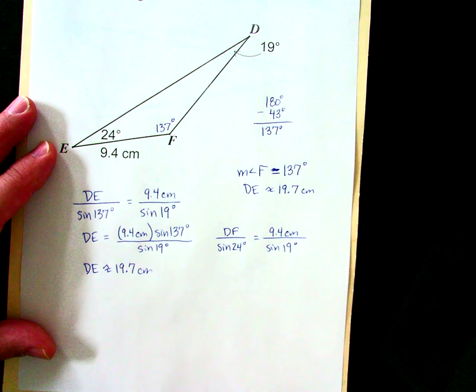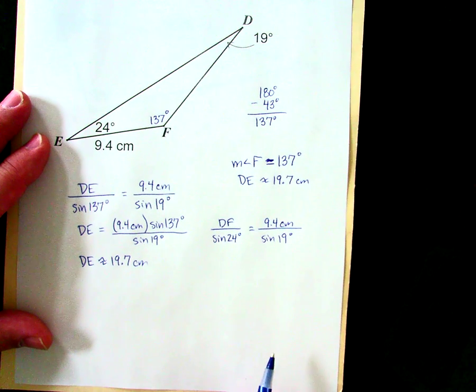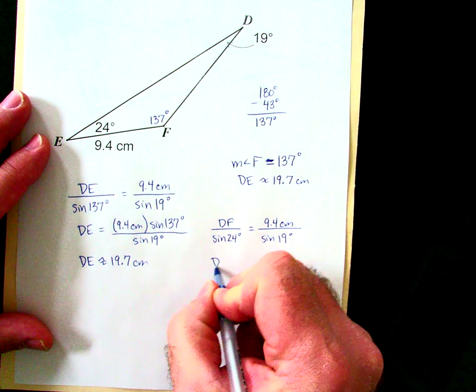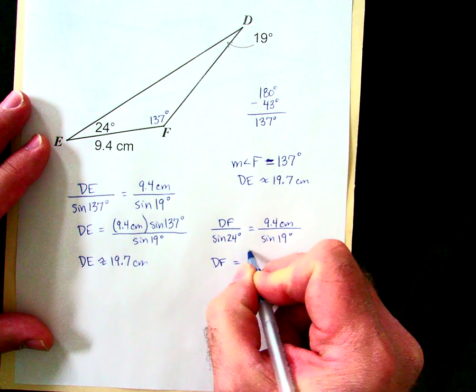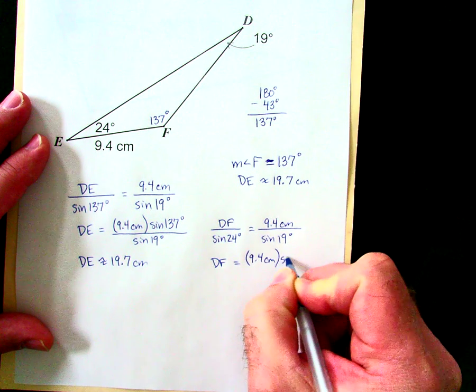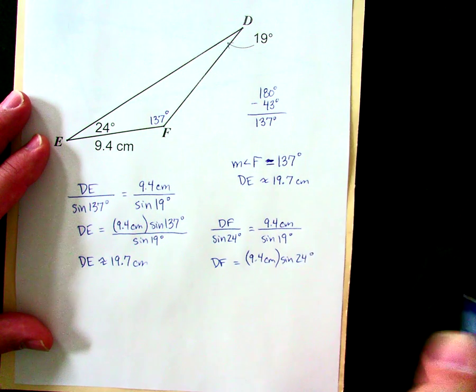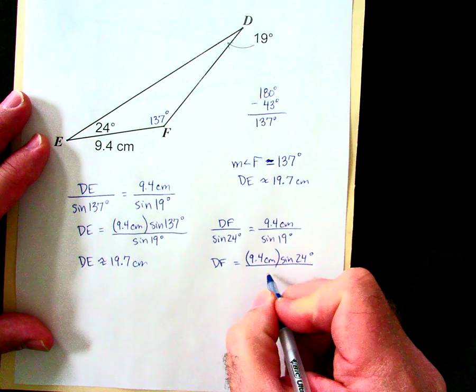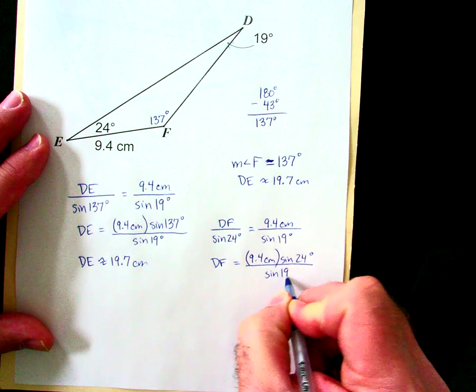Multiplying both sides of the equation by the sine of 24 degrees, the distance from D to F is 9.4 centimeters times the sine of 24 degrees, all divided by the sine of 19 degrees.